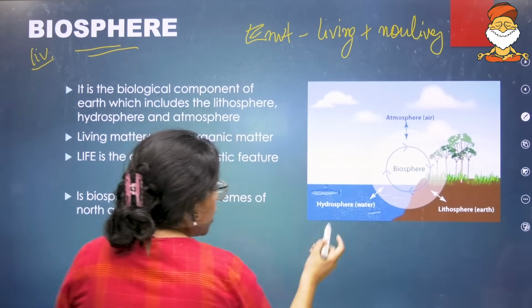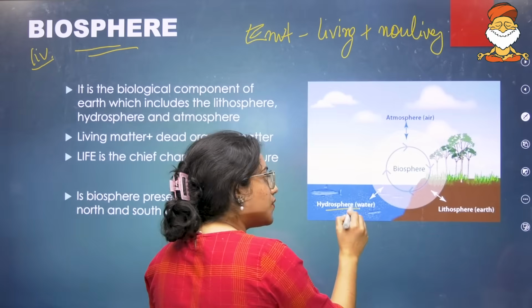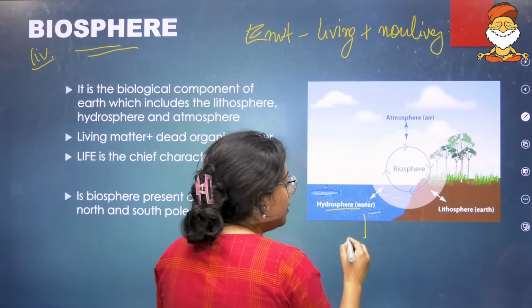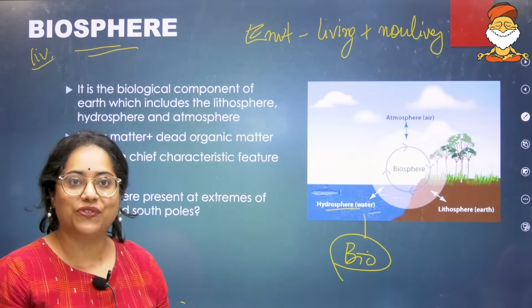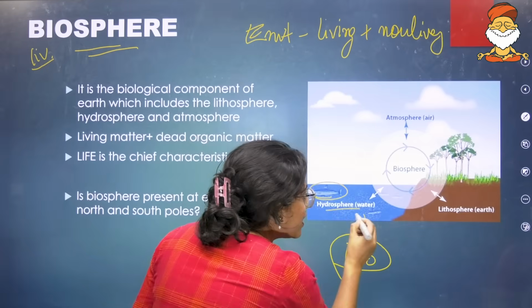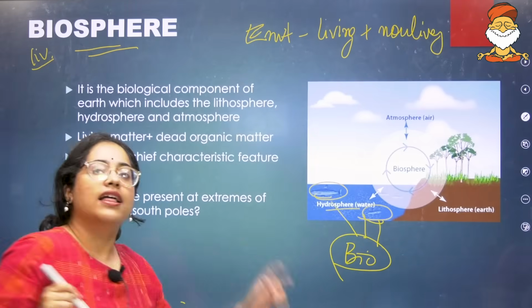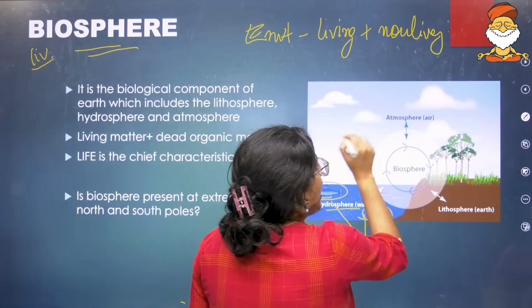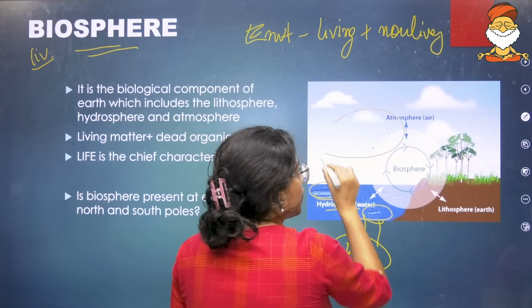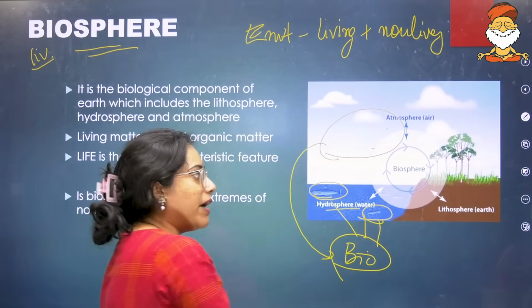So if the biological component is there in hydrosphere, that is part of the biosphere. What is part of the biosphere? Whichever is the biological component in there, that is part of the biosphere. If you have some organisms in the air, in the atmosphere, that is part of the biosphere.